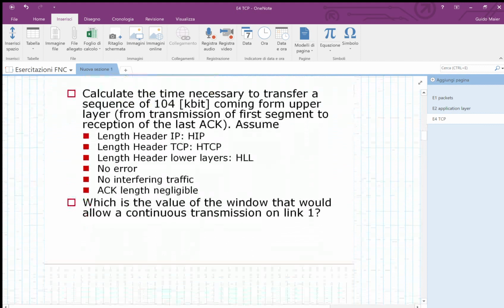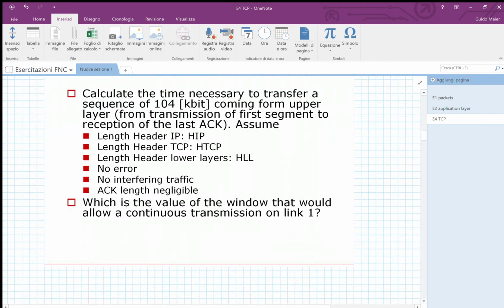Then we have to calculate the time necessary to transfer a sequence of 144 kilobit, coming from the upper layer, from the transmission of the first segment to the reception of the last acknowledgement. And then we have to assume that we have these conditions given. We have the length of the IP header, the length of the TCP header, the length of lower layer headers.